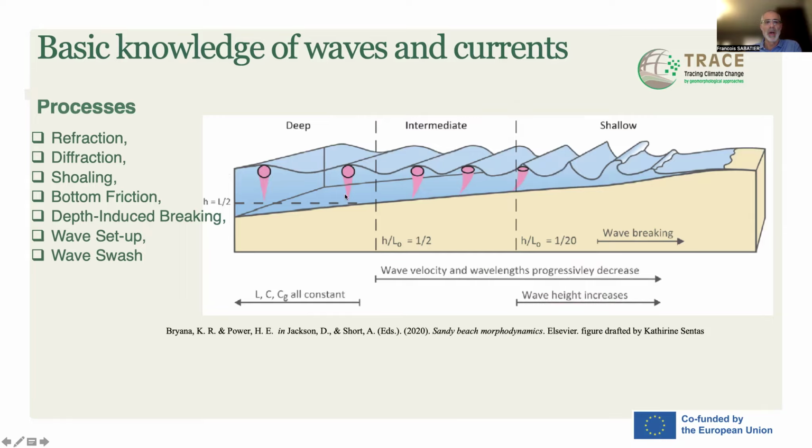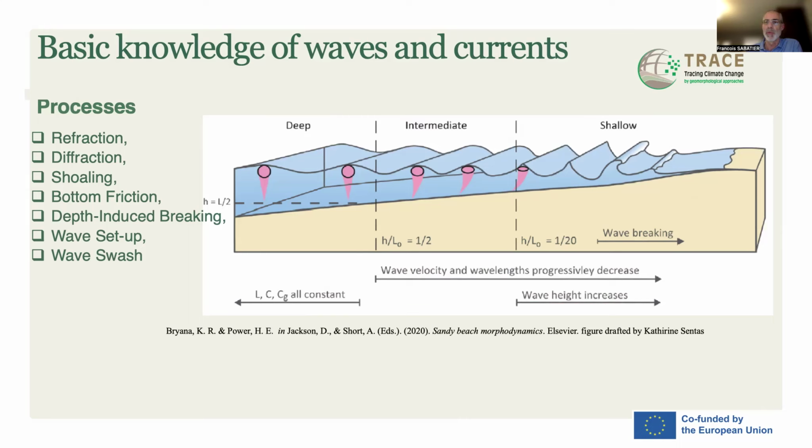So in the offshore, you can consider that the wave characteristics, more or less, stay identical. They do not change a lot in first approximation. So under deep water swell conditions, waves propagate without changing their characteristics. This is the first order of approximation.